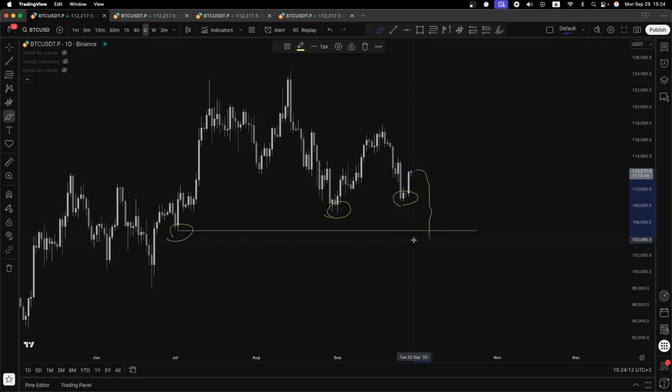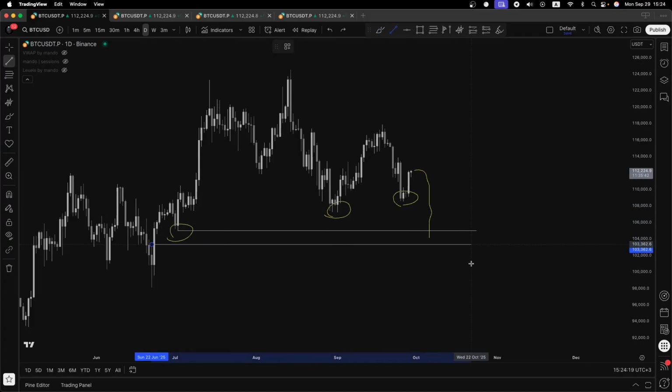Target these lows, take out these lows, and then potentially form some sort of a bottom into here around 1.4 to 1.3k. Form a bottom, reclaim some levels, and then potentially we're looking for 120k once again. Lose this low, and as we said, we're going for 90k.